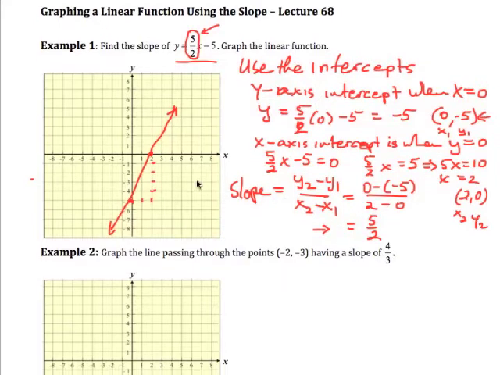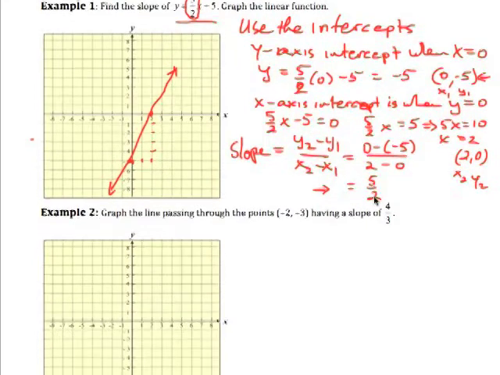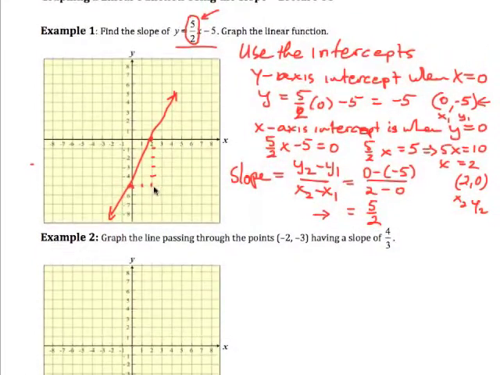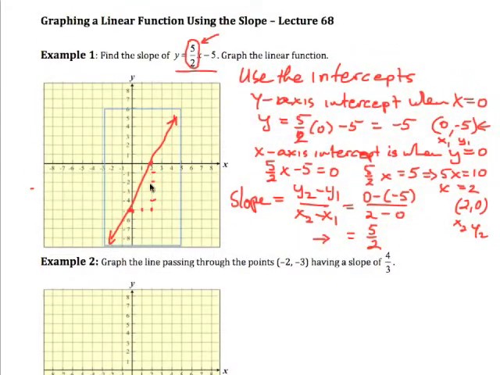If we had (0, -5), which is here, then we can say, well, the slope is 5 over 2, so every time I go across 2, I go up 5, and bingo, there's our point, and away we go to draw it.